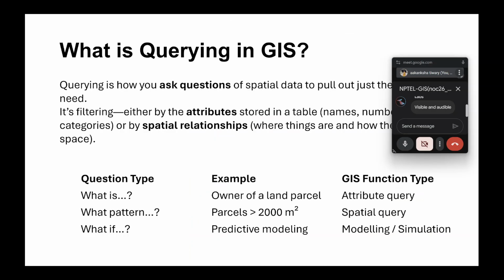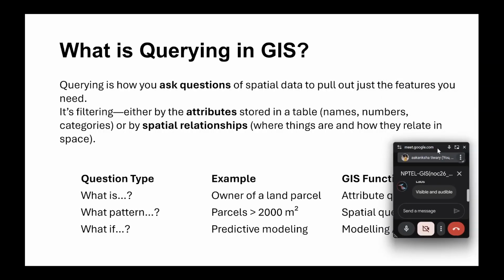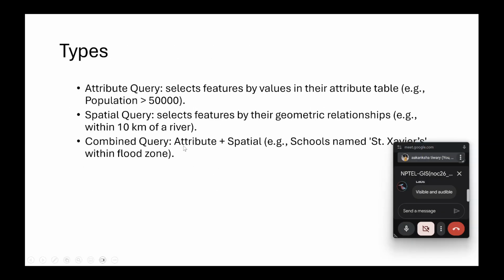Then we moved on to querying. Querying is basically asking questions. It is basically filtering based on the attribute or spatial relationship. So there are types of querying that we talked about in the last class. First is attribute querying.